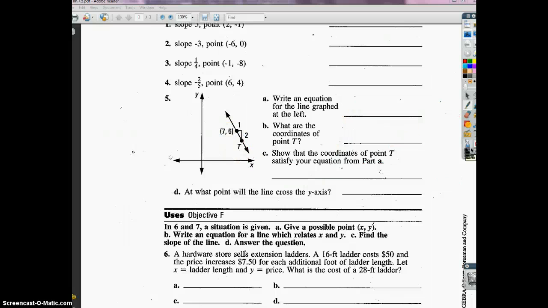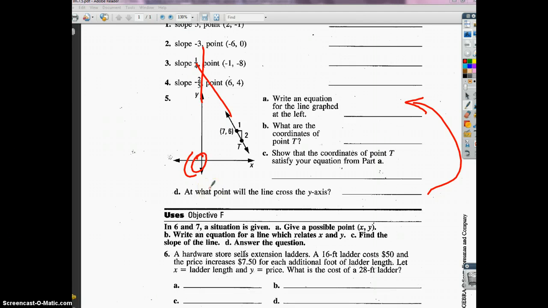At what point will the line cross the y-axis? Okay, so we were plugging in another point. So whatever equation you got from here, you are plugging in the point. Whenever it crosses the y-axis, x will always be 0.